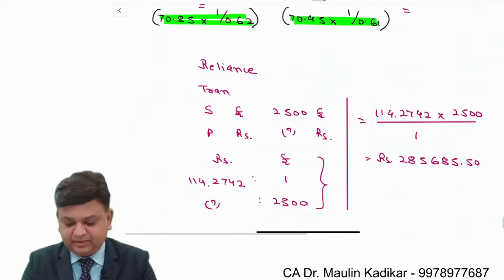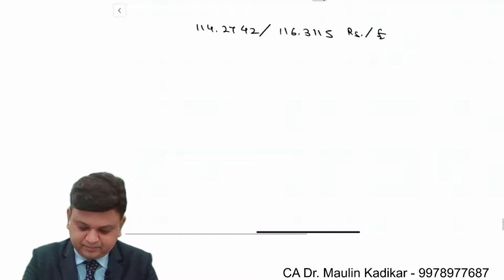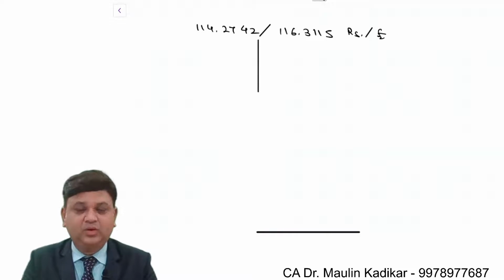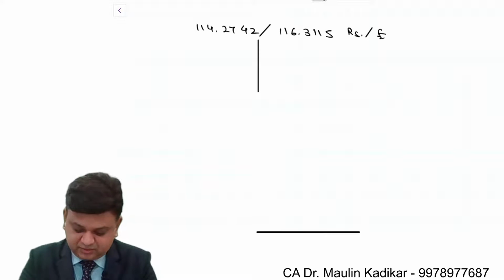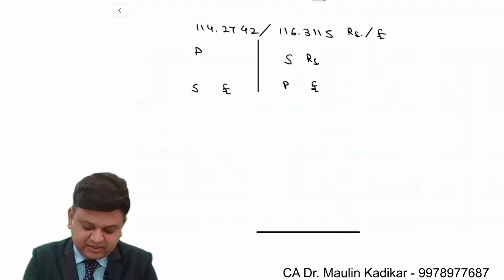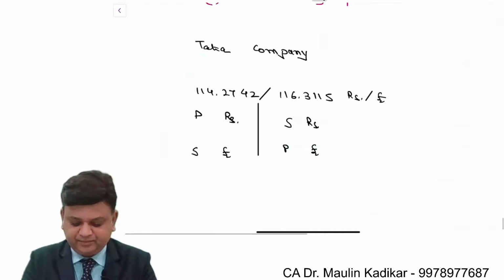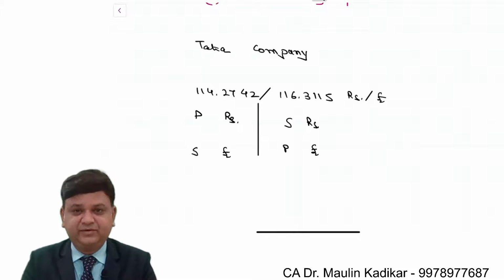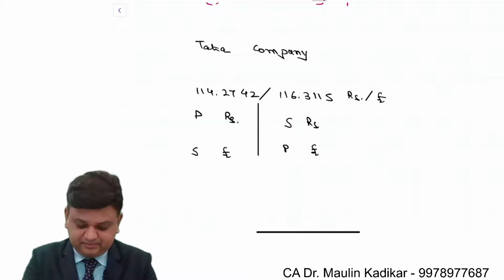There are two rates: one for purchasing pound, and another for selling pound. If you want to buy pound, you have to sell a higher amount of rupees. And if you sell pound, you will get a lesser amount of rupees. This is how the bifurcation of the exchange rate is done.